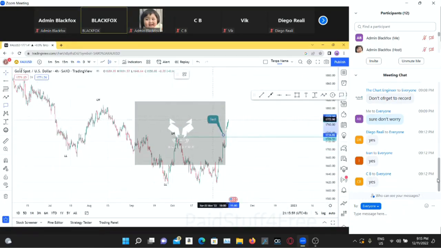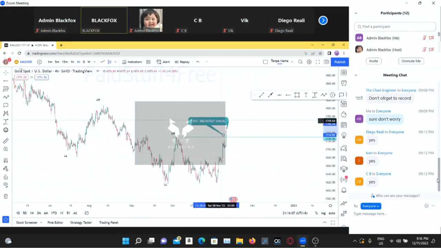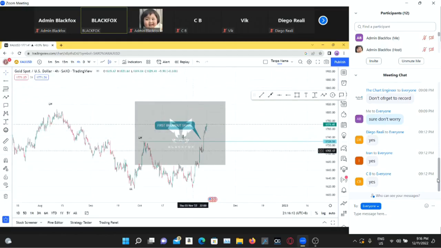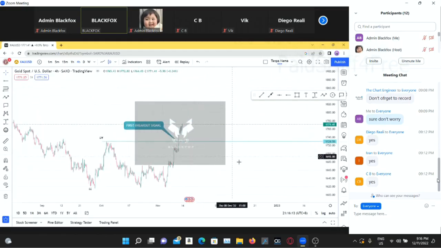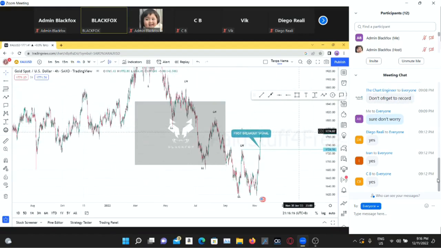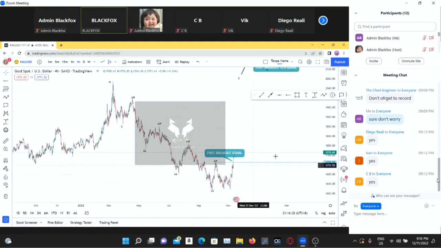This one signal. First breakout. So this one first breakout is a signal, okay? Not confirmation. So the big picture is for H4 still downtrend, not uptrend yet.